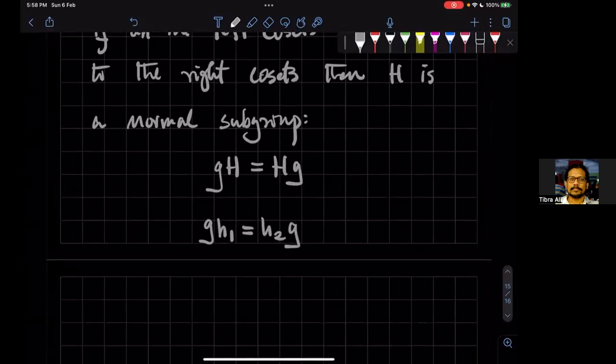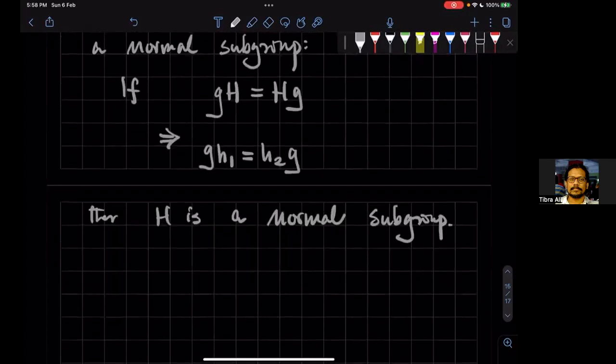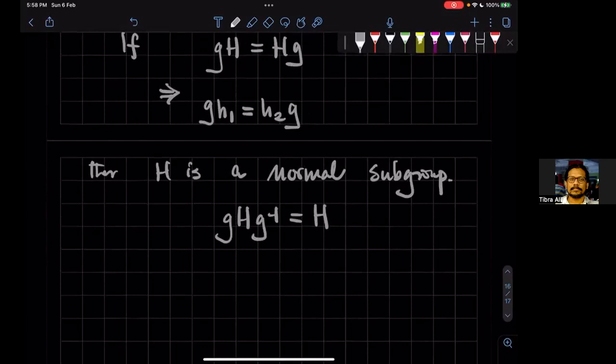If this is true, then we say H is a normal subgroup, okay? Another way of writing this, a bit of an abuse of notation, is this, okay? So this means that gH1g inverse gives you H.